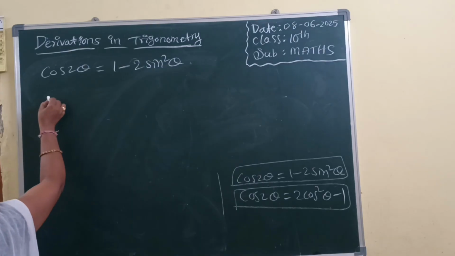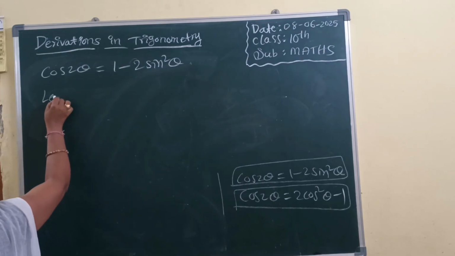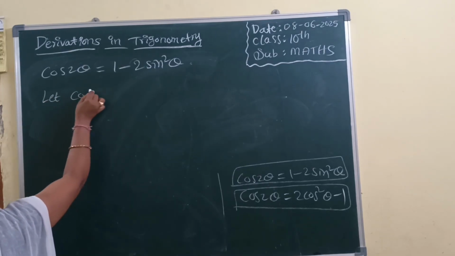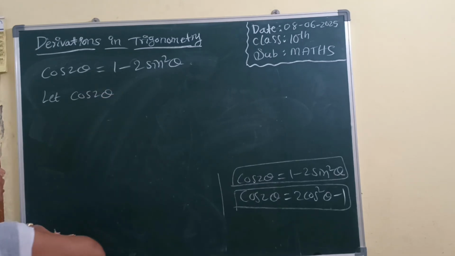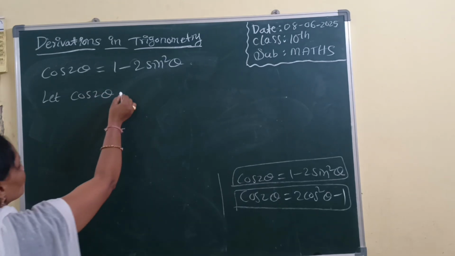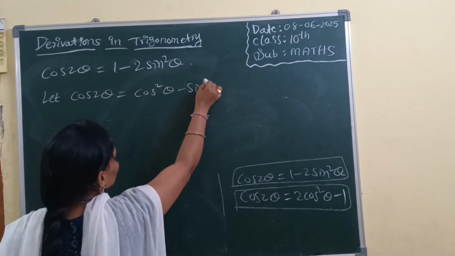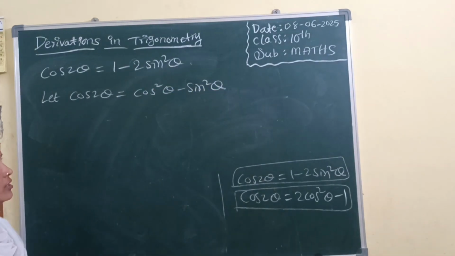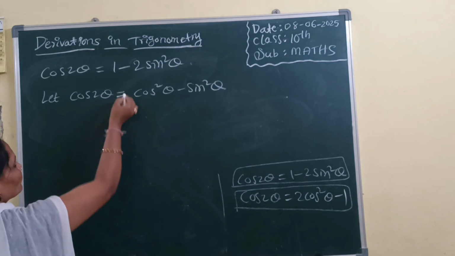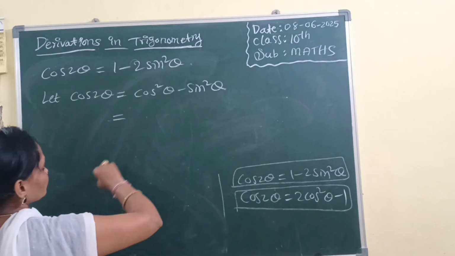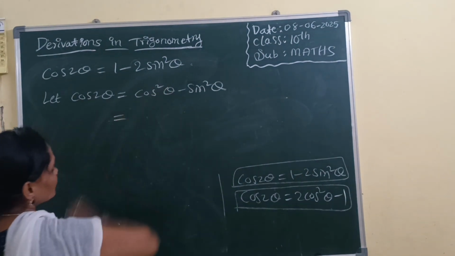See, first let us take cos 2 theta. Actually cos 2 theta formula what we got? Cos square theta minus sin square theta. Previously I did the derivation, so that. Okay. Now here cos square theta is there now.